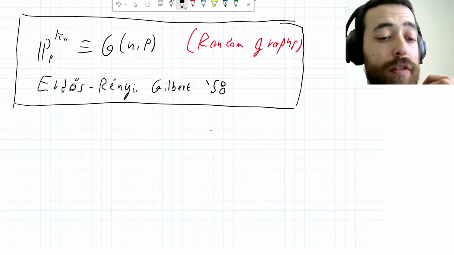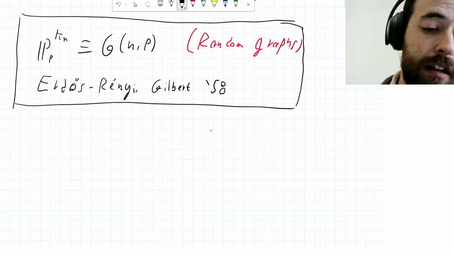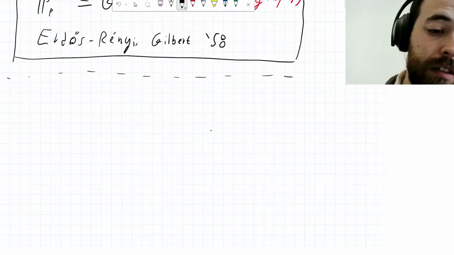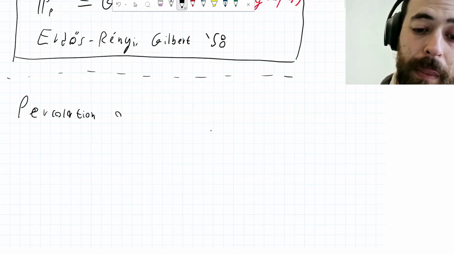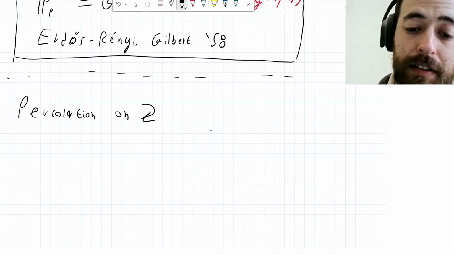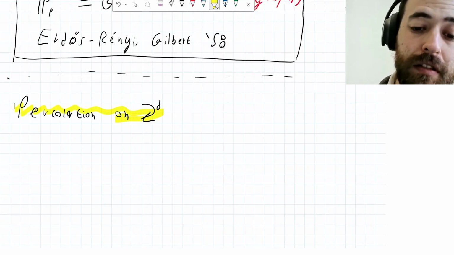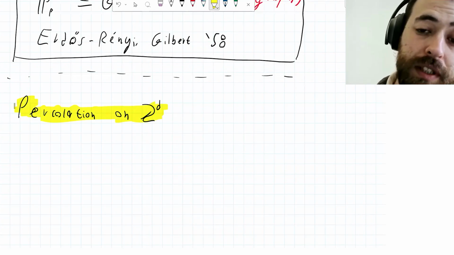This is the perspective we're mostly used to. But let me introduce a different perspective on this object, one that was suggested way before me. Let me title it percolation on Z^d. This is how it started, at least. On the d-dimensional lattice, we still have the same thing.